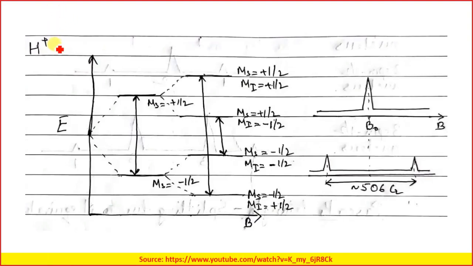Now suppose I have H, a hydrogen radical. So what will happen? Initially, we are increasing the B. When we are increasing B, there is a splitting of the energy level, and we have Ms minus half and plus half.